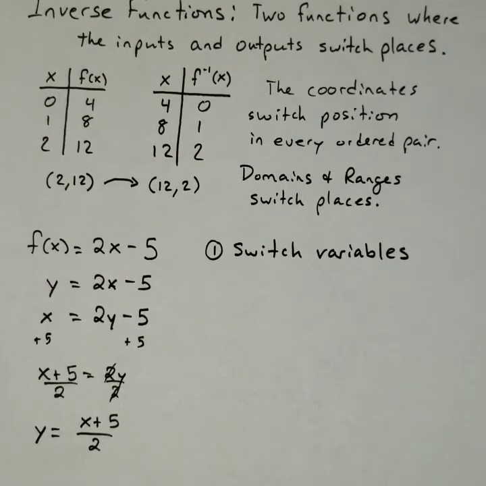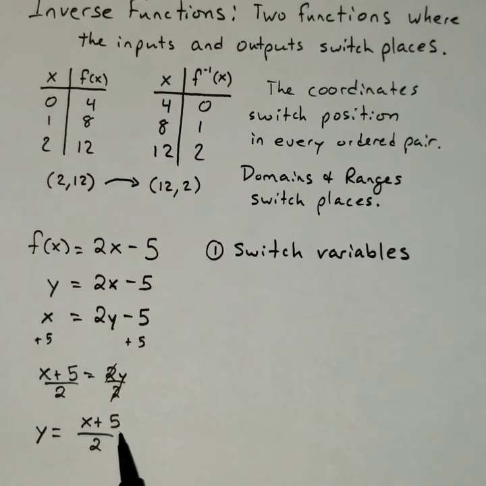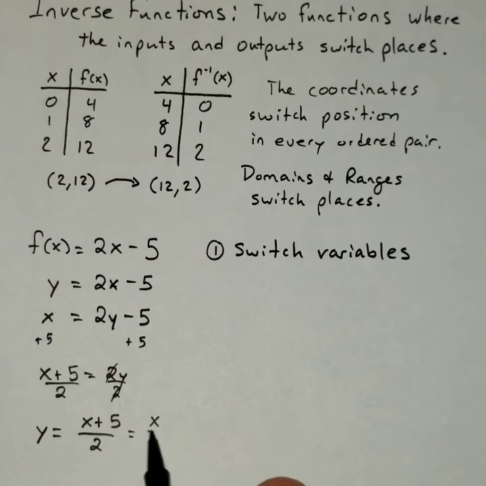Now, there are multiple different ways to represent this function. You can leave it as one big fraction. You could also rewrite it by distributing the denominator to the numerator, to get x over 2 plus 5 over 2. You could even put it in decimal form.